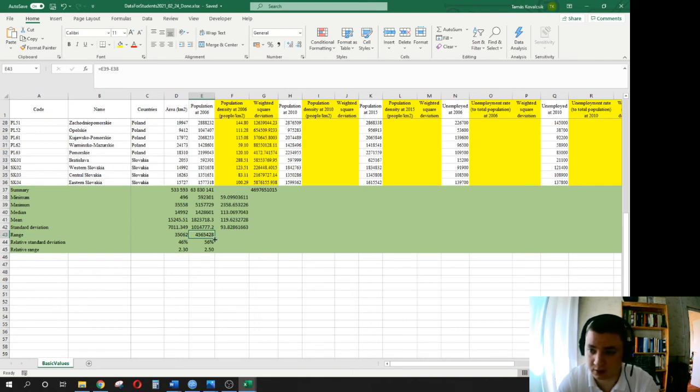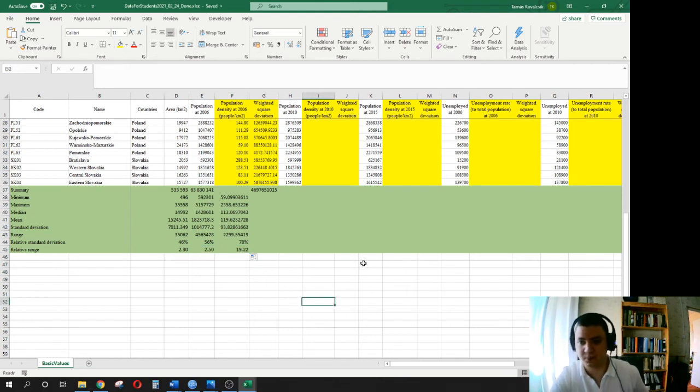The range is also just a simple difference between the maximum and the minimum value. And after that, the relative standard deviation and the relative range are also a simple division: between the standard deviation and the mean, and between the range and the mean.